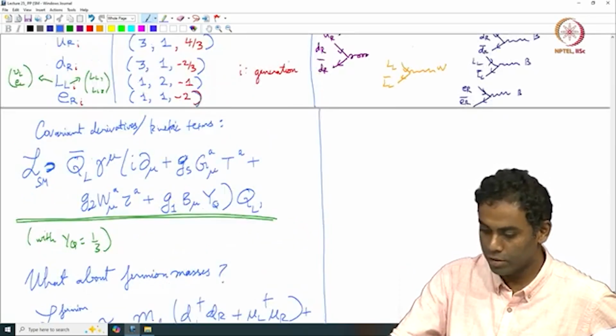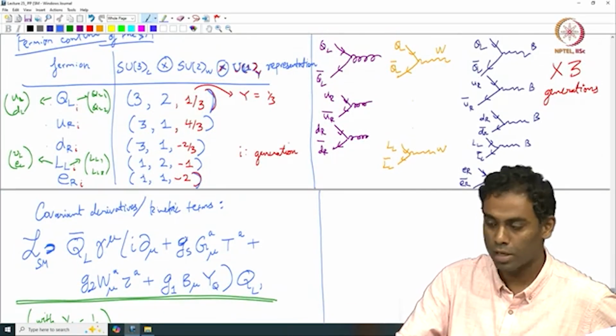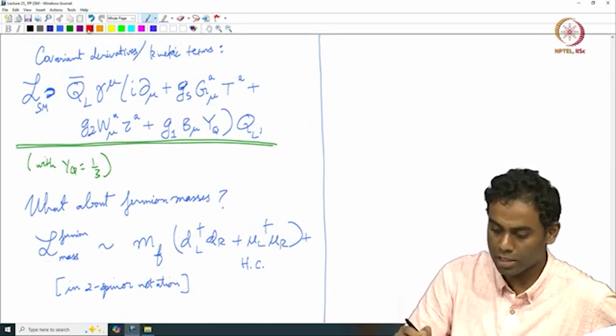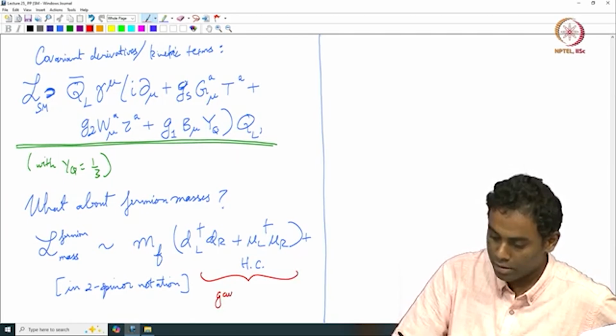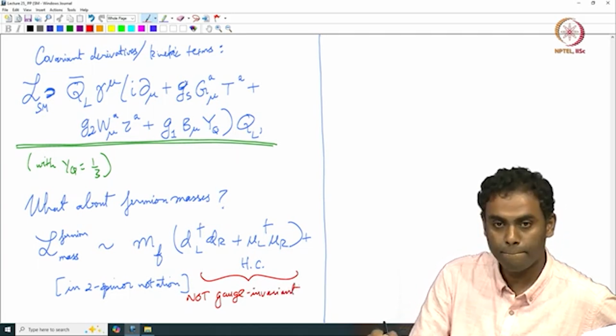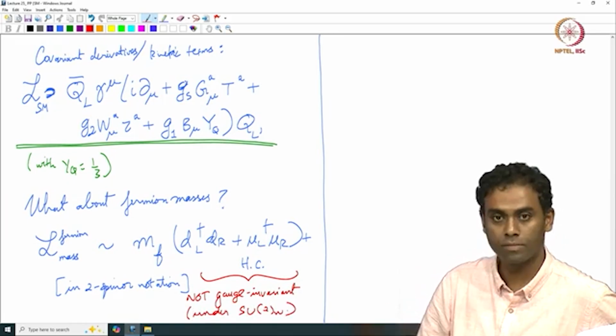Why? Because my left-handed fields are charged under SU2, and the right-handed fields are not. So what has happened is, this is not gauge invariant. The SU2 index will be hanging around here, in particular under the SU2, the weak force.